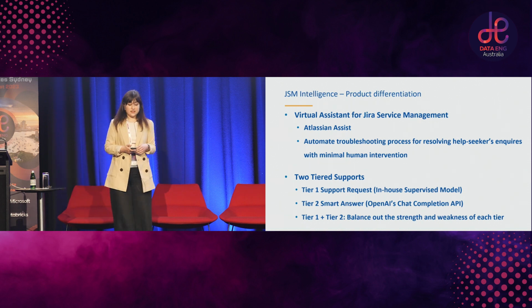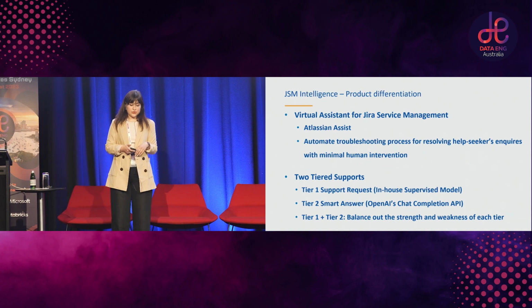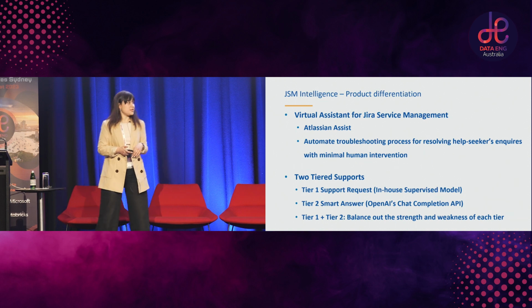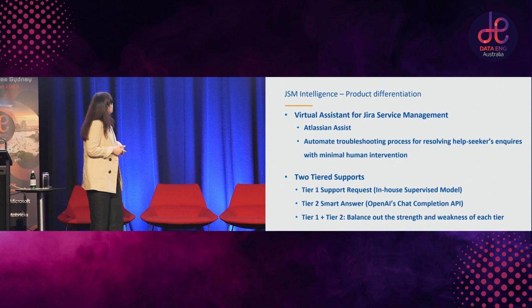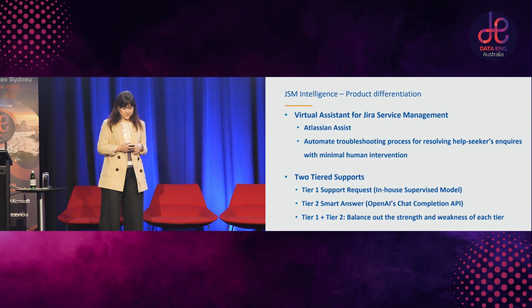With Atlassian Assist, we have two tiers of support. Tier 1 is our in-house supervised model that we train based on the data that you provide, and tier 2 is an integration with ChatGPT.